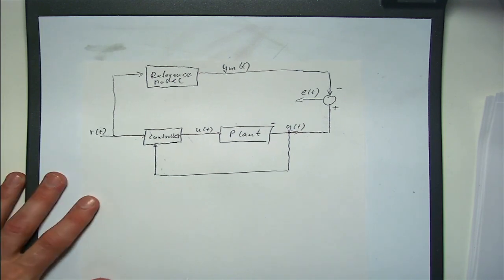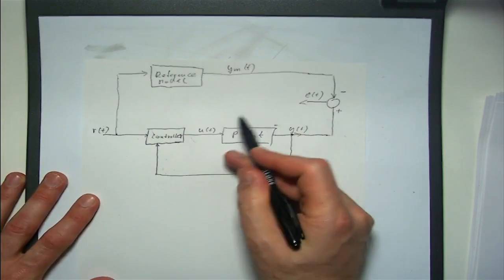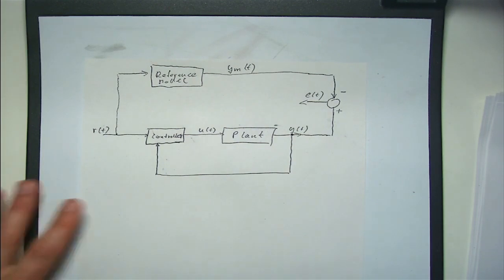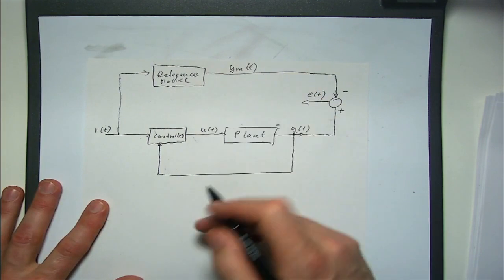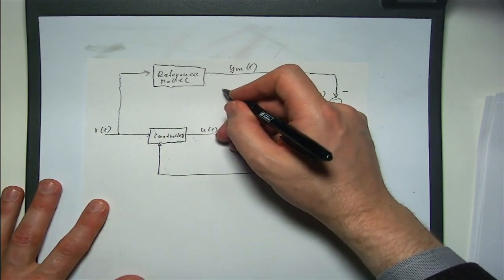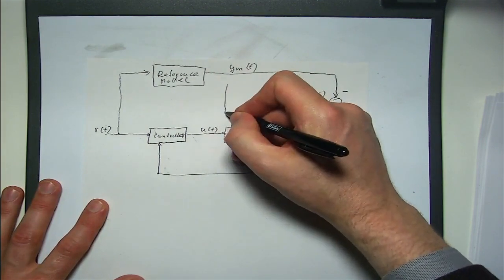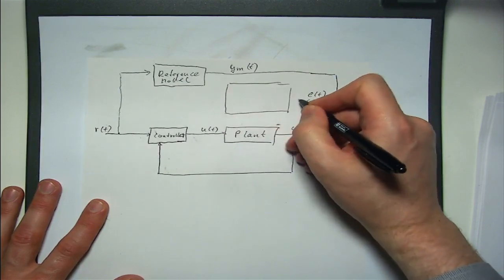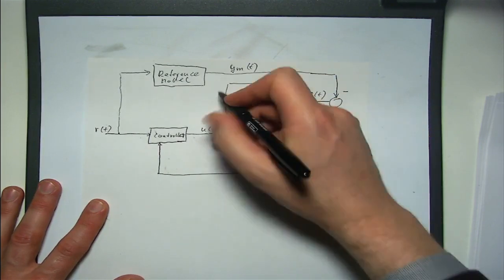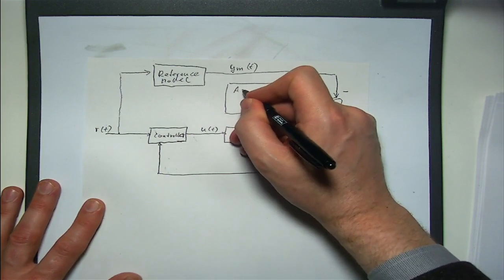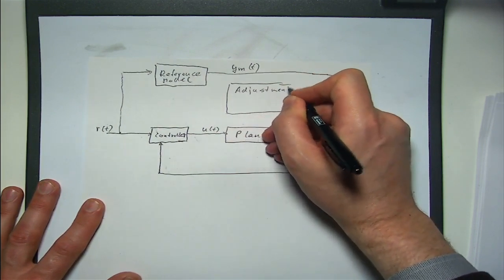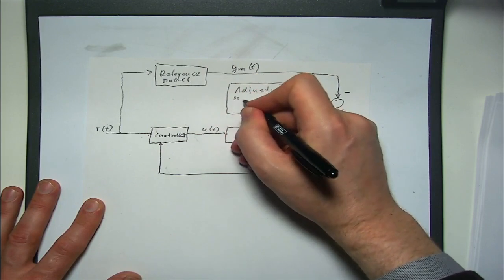But if we don't know the plant parameters very well, then we have no other choice but to introduce some form of adjustment mechanism. So there is some form of adjustment mechanism, an adaptive or adjustment mechanism, which effectively is our adaptive law.